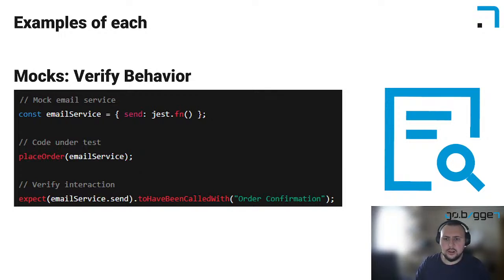We have the email service constant that is just a send function provided by Jest. We place an order with the mocked email service. And at the very end, we say emailService.send has been called with the order confirmation. Pretty much the same deal as with the stubs, but in this case, our focus lies on having the actual call, right?